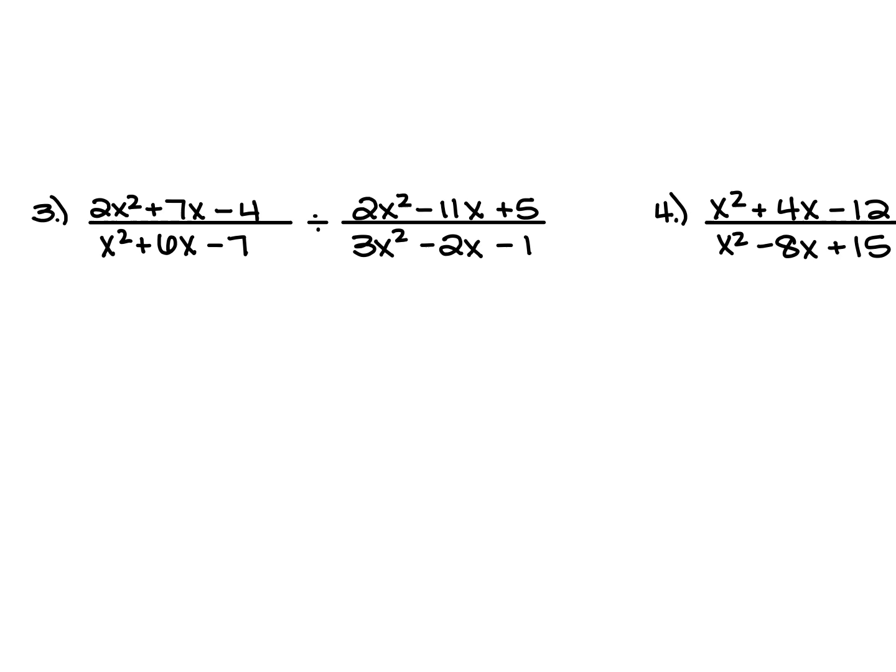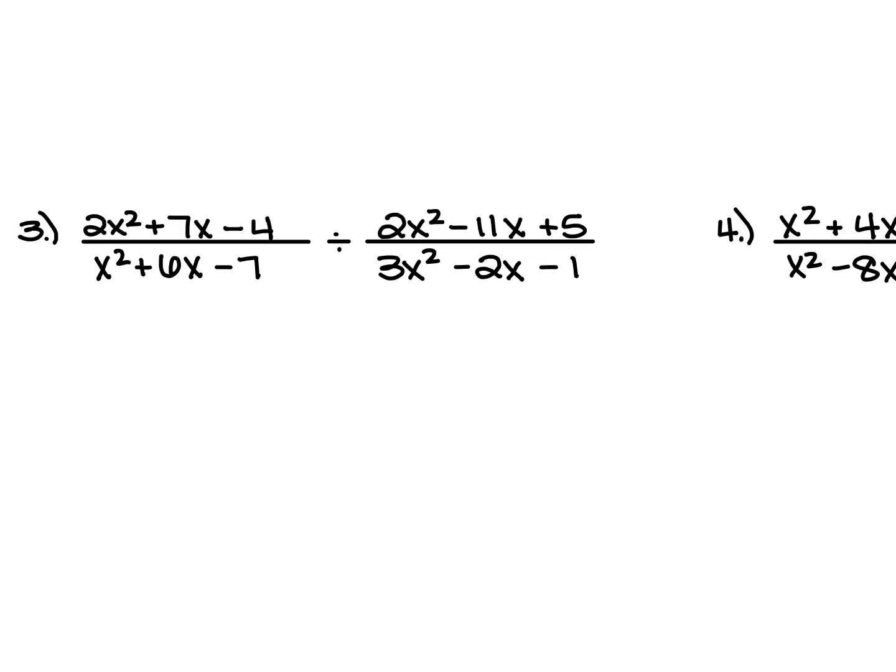So if we simplify by factoring, for the top of the first fraction, you have a 2 and a negative 4 that are going to multiply. That gives you negative 8. Your factors of negative 8 that add up to be positive 7 are negative 1 and positive 8. So that's going to give you 2x squared minus x plus 8x minus 4.